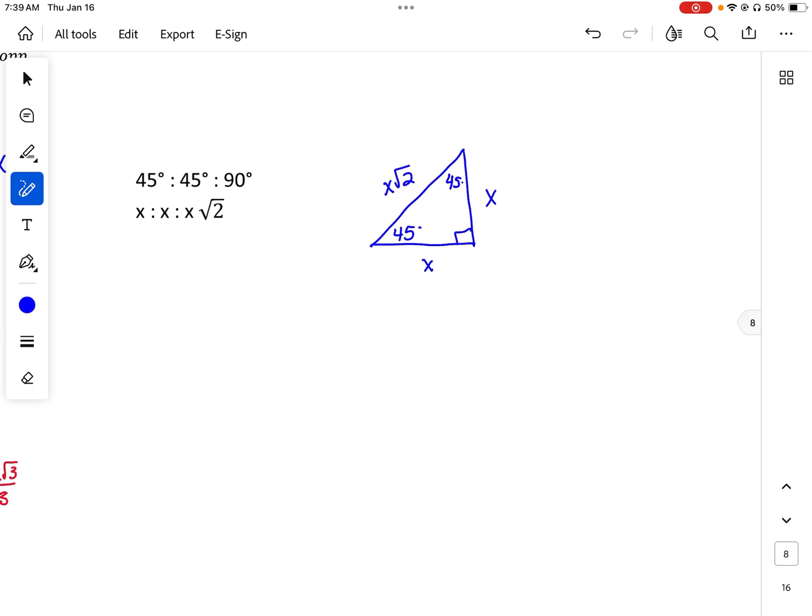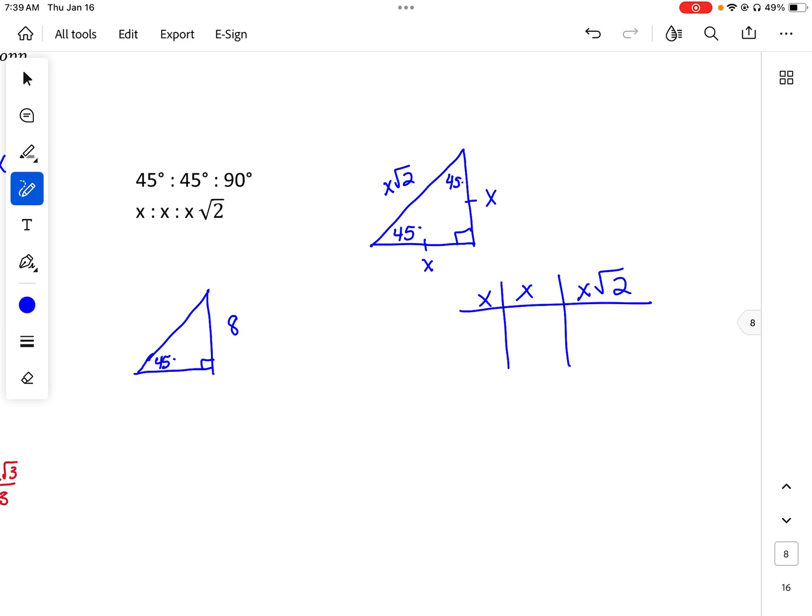So let's write an example like this. We know it's 45. If we just know one angle, we know the rest of the angles. Let's say that one of the legs is 8. I'm going to use that table like that. I forgot to write here: remember these little symbols on our right triangle?